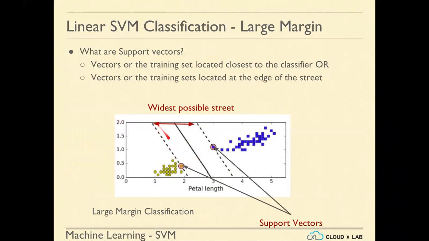They are kind of on the side of the street, right? So here and here, these are on the extreme side of the street. They are called support vectors. The one living on the edge is what has given the name support vector machines.